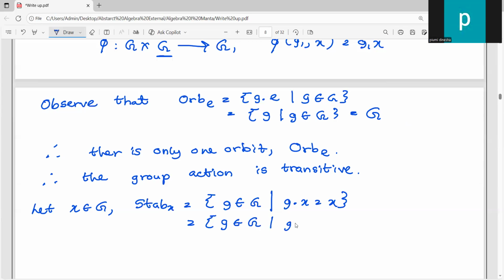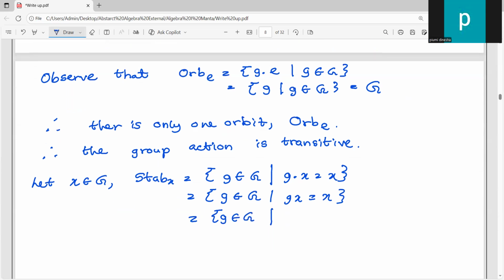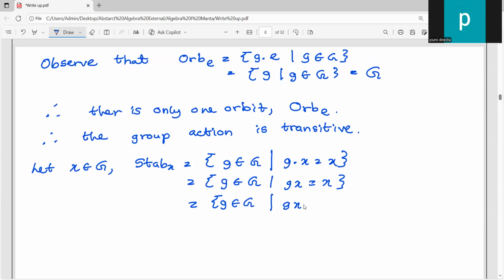Simply the left multiplication g times x, which is equal to x. Now we take x inverse on both sides on the right. So we have gx times x inverse, where x times x inverse is simply the identity. g times the identity is g.